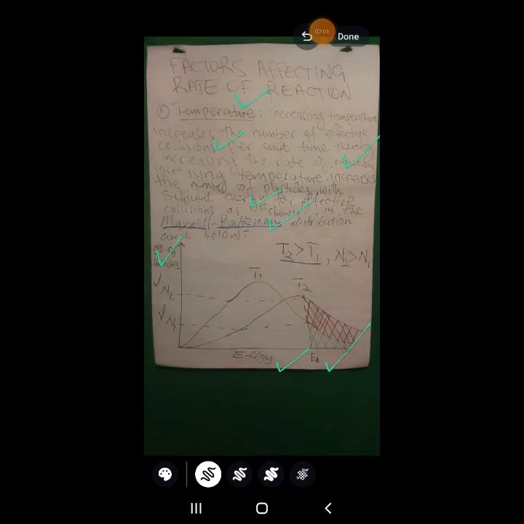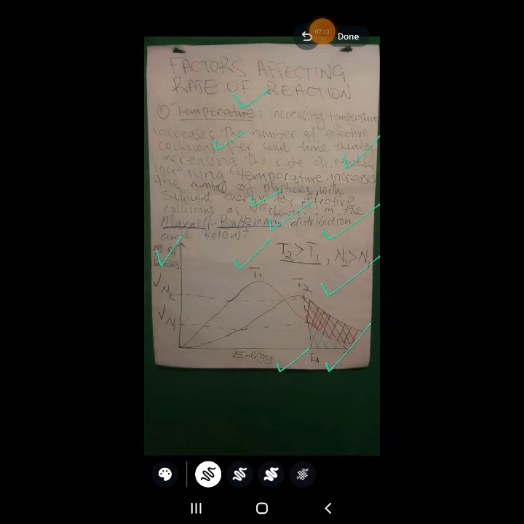What you can see is we are having two graphs here. One is the one that is drawn at a certain temperature T1, and the other one is drawn at a certain temperature T2, which is greater than T1. What is the effect?